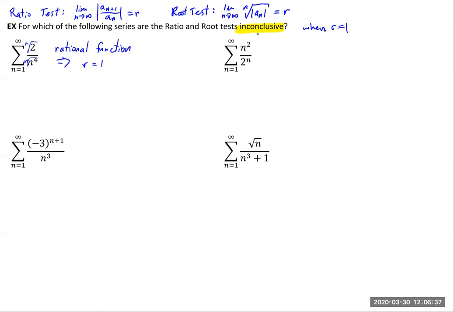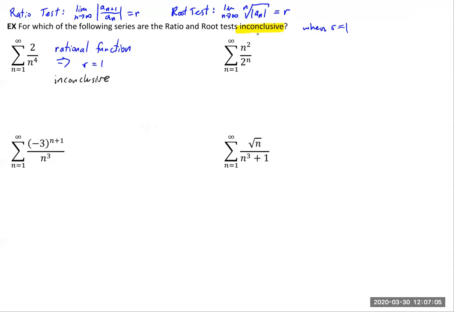It's still an nth root of a power. So both tests lead to an r of 1, meaning we get an inconclusive result right here. So what's the lesson here? Never use the ratio test and the root test for terms that are defined by a rational function.